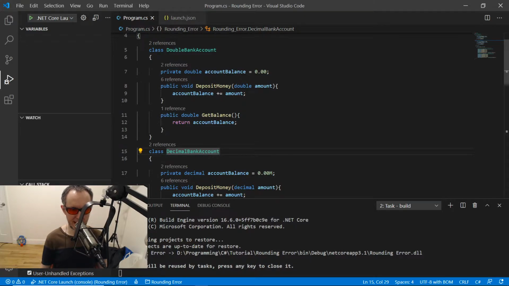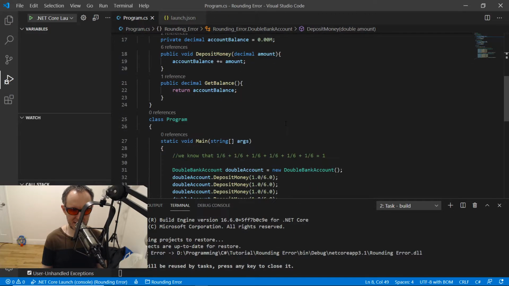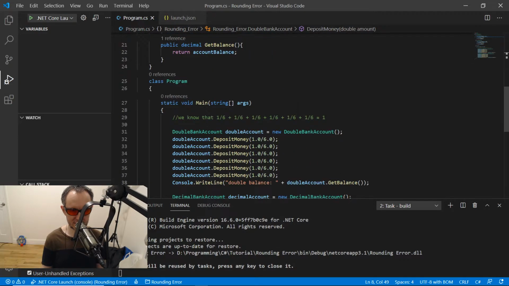The double bank account allows you to deposit your money using double and then returns the balance. The decimal bank account allows you to deposit your money using decimal and returns your balance. So let's see what happens.